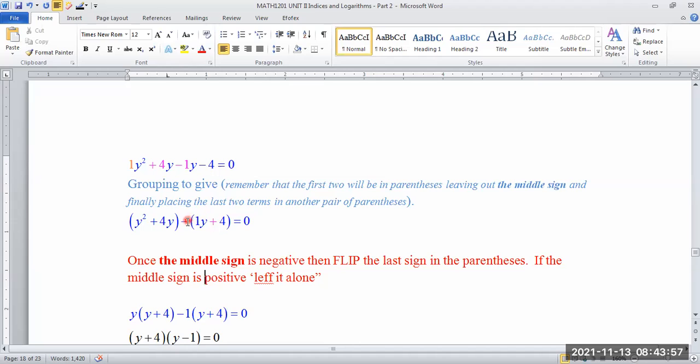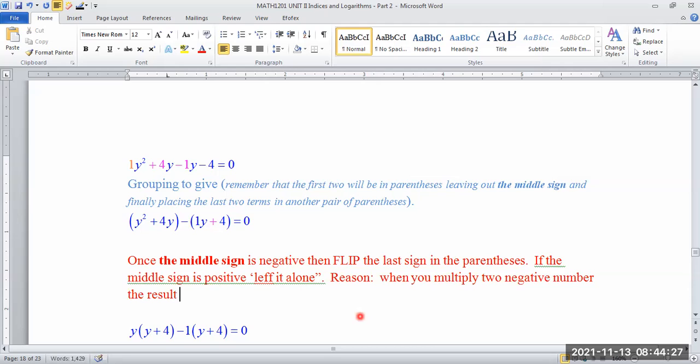Look why. Because this negative sign, when multiplied by this negative sign, gives this positive sign. Remember, when you multiply two negative numbers, you get a positive number.